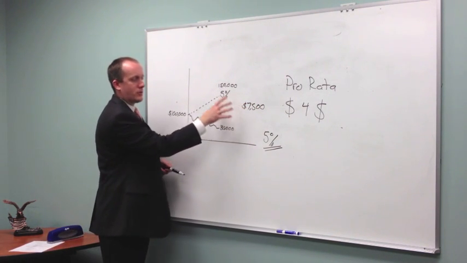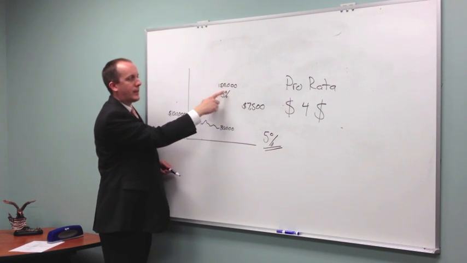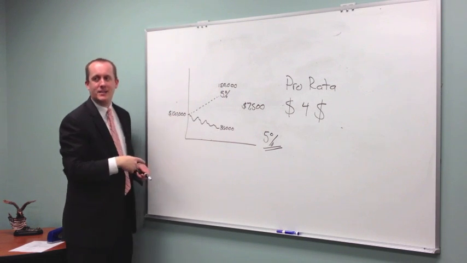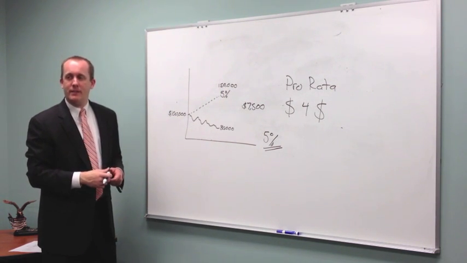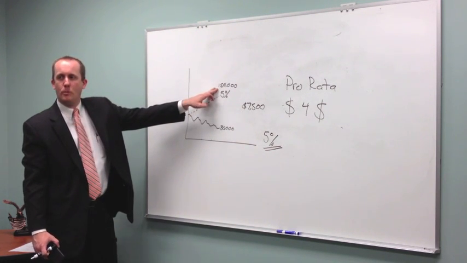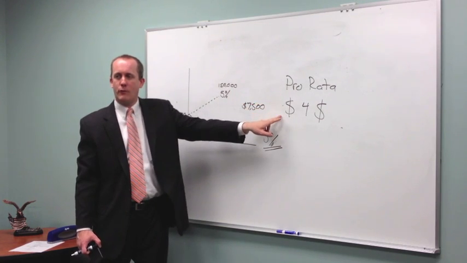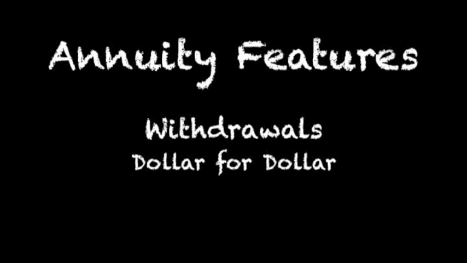Staying within that $7,500 threshold keeps the $150,000 income base intact. But if a client takes out more than $7,500, then this benefit base will be reduced either pro rata or dollar for dollar. Dollar for dollar is easy to explain.